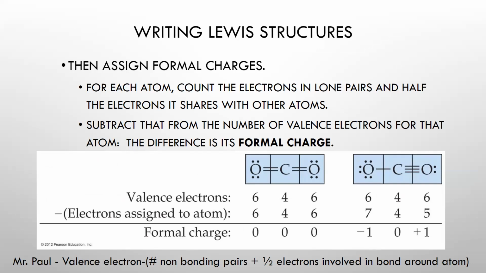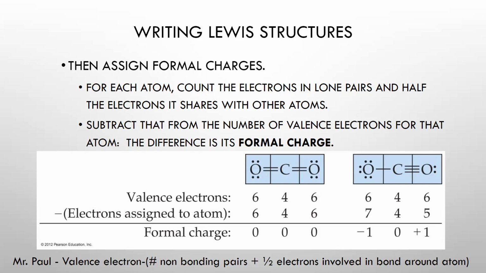Oxygen valence electrons 6, carbon valence electrons 4. So that doesn't change for either model. We'll start with the model on the far right. We see that for oxygen on the far right, we have 2 electrons that are non-bonding. So that's 2. We have 2, 4, 6 electrons involved in the bond. So half of that belongs to oxygen.